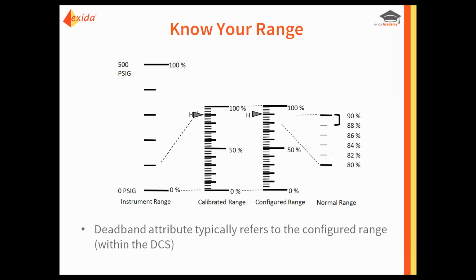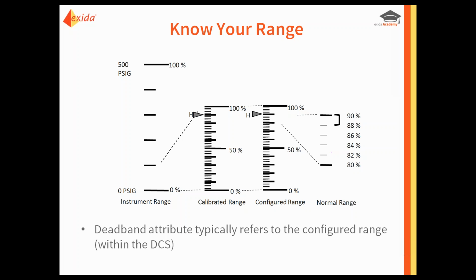Now I mentioned that one of the ways to apply deadband is based on your range. I didn't really talk about what I meant by range, and that can be kind of confusing, and it's important to understand exactly what we mean, because there are different ranges within this scheme of a control system. We've got the instrument range.